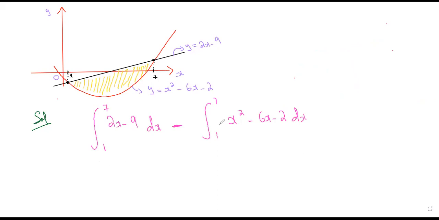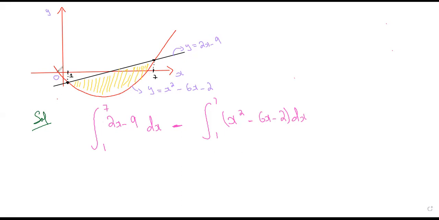Now integration is easy. The only thing is that your scenarios are going to change, and this is your go-to option. Whichever line or curve is above, integrate that, then put a minus sign and then integrate the one below it. But be very careful with the limits. Just look at these limits. Why are we using 1 and 7? Because these are the points of intersection of the line and the curve.